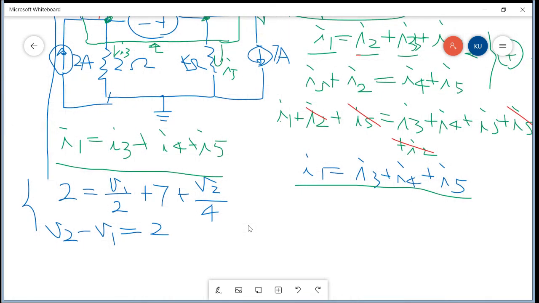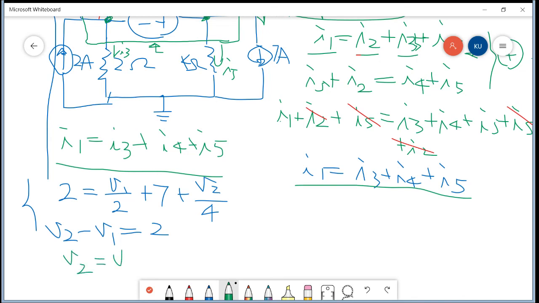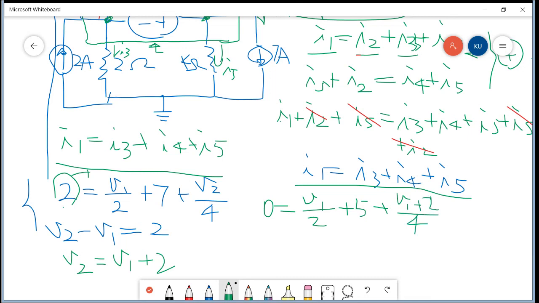So we can simply move it like this: V2 equals V1 plus 2. We move V1 to the right hand side and then substitute into the first equation. We move these two to the right hand side so that 0 equals V1 over 2 plus 5, because it is 7 minus 2, plus V2, which is V1 plus 2, over 4.